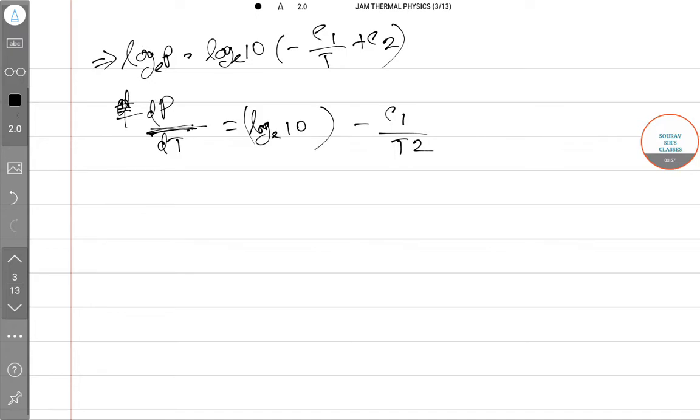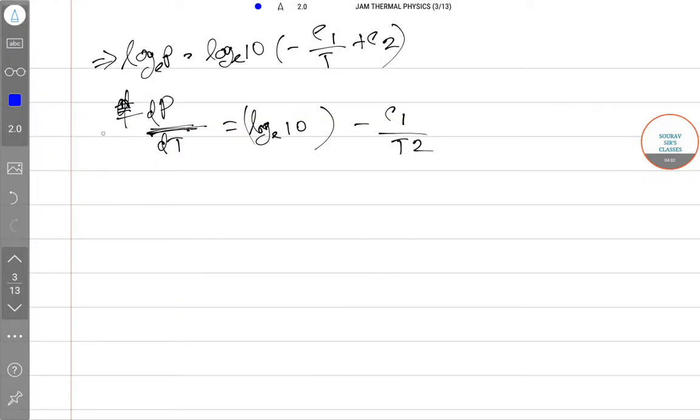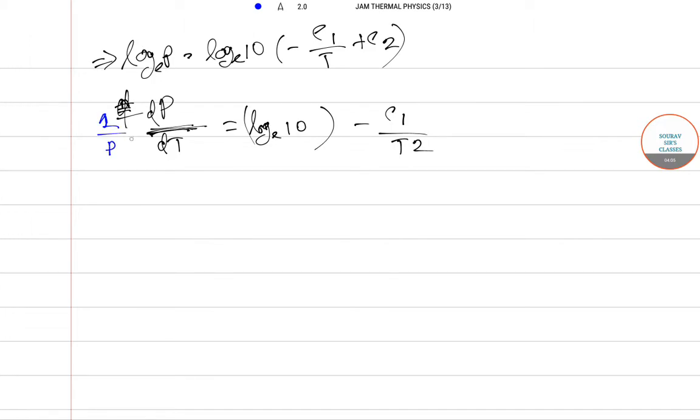Here the derivative of log P is 1 by P into dP/dT. So now this dP/dT is equal to C1 log e to the base 10 into P by T square.